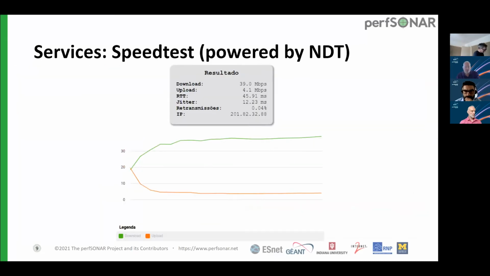Other than that, a specific thing RNP has is this simple front end, powered by NDT in the same host with specific NIC and resource allocations, so our end users can test to each of the POPs and see how well they are doing. This is useful for specific use cases where you don't have a perfSONAR host and the user needs some troubleshooting information.